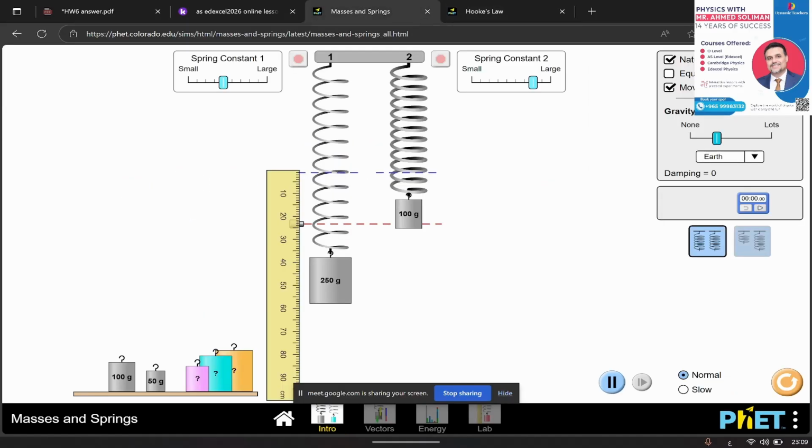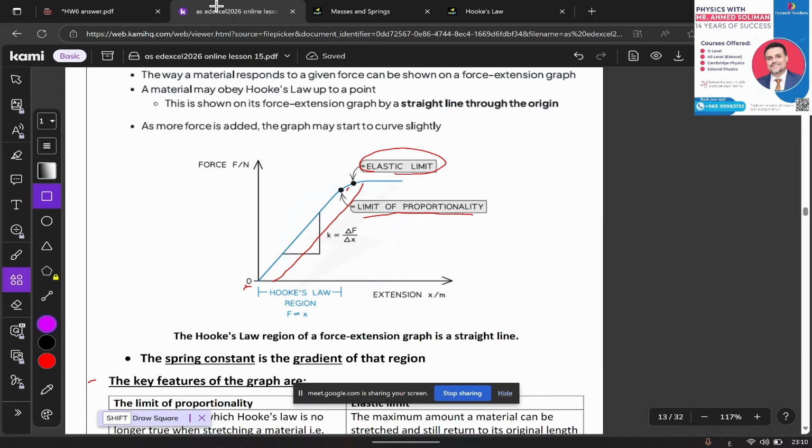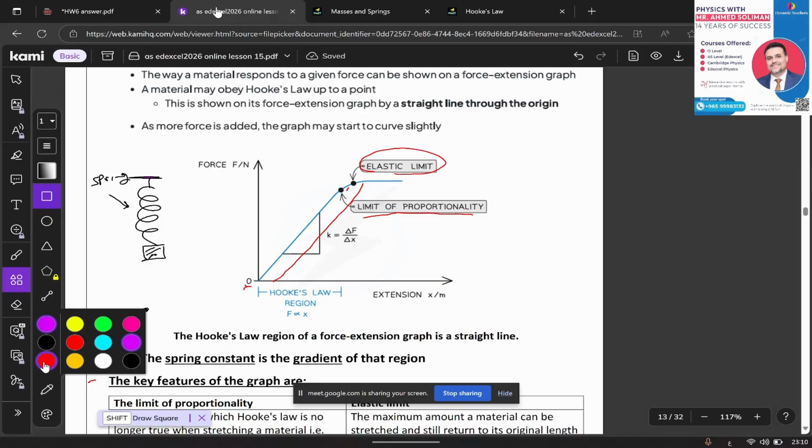so now, if I asked you, for example, Habiba, if I draw like this, and I asked you to draw the free body diagram for this spring, what do you think? How many forces? 2. Two or three?